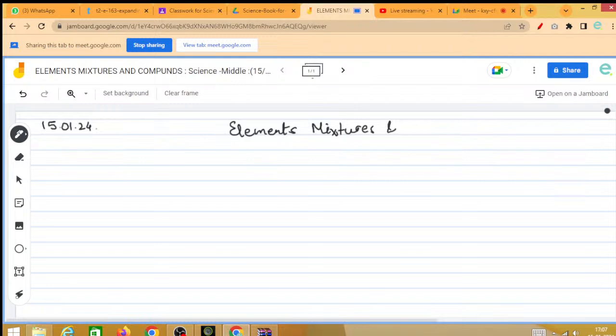What brings about the change in the state of matter, from solid to liquid, liquid to gas, gas to liquid, gas to solid, solid to liquid to solid? So we are talking about states of matter. So what are the two things? What causes evaporation? Heat. Temperature. Change in temperature and change in pressure.